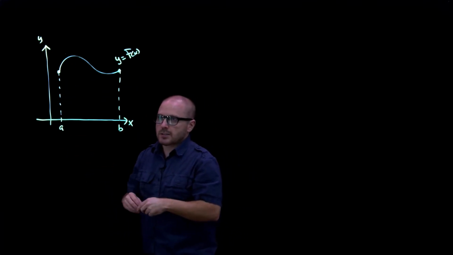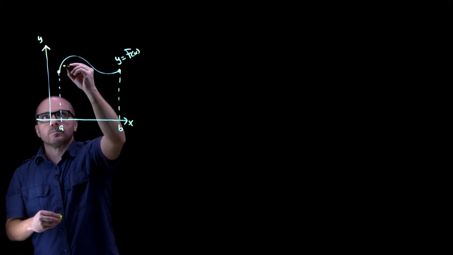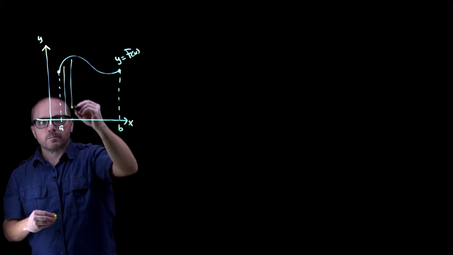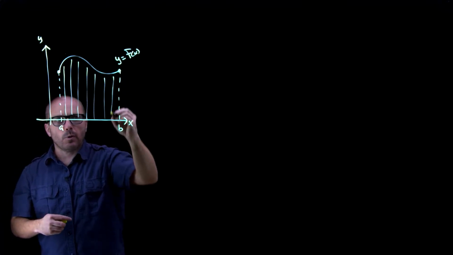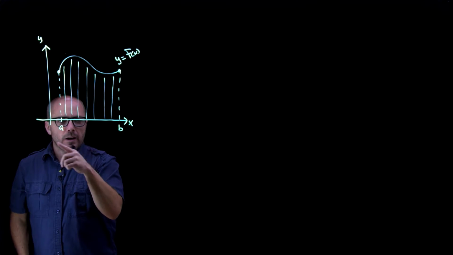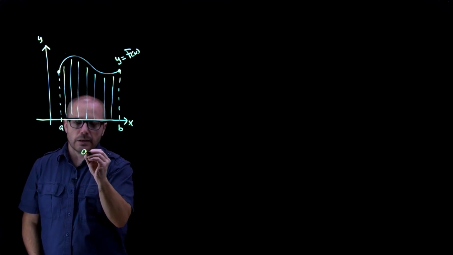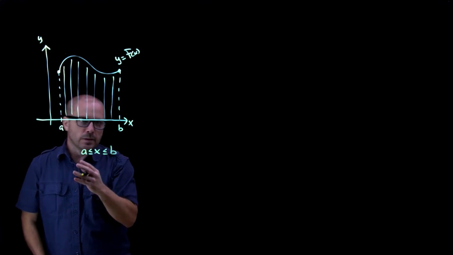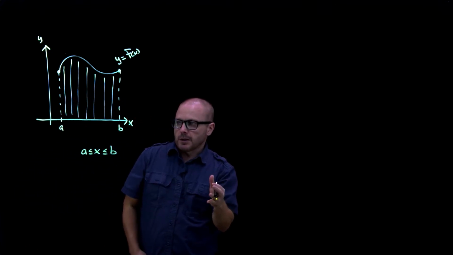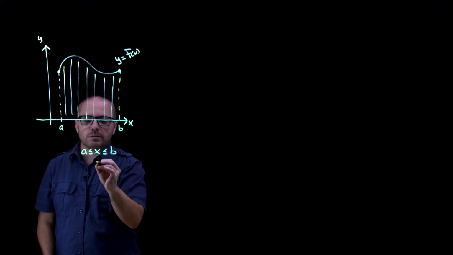So if I was to describe that region, that shaded region there is all points where the independent variable x is between two constants, right? That's the key here: we stop our independent variable between two constants and our dependent variable between these two curves.